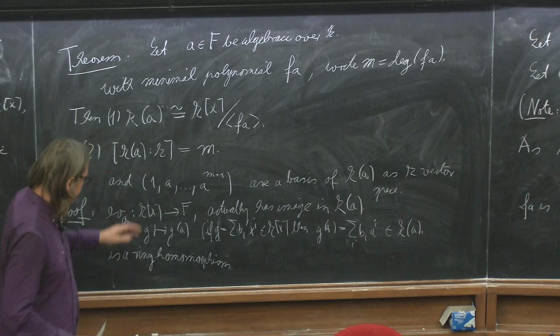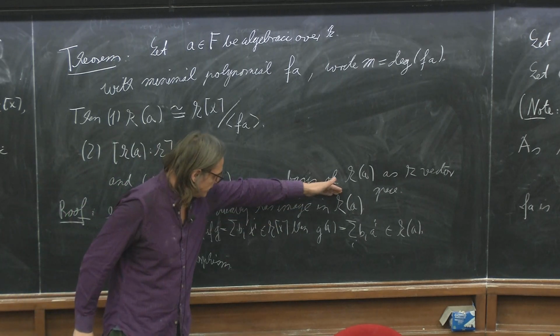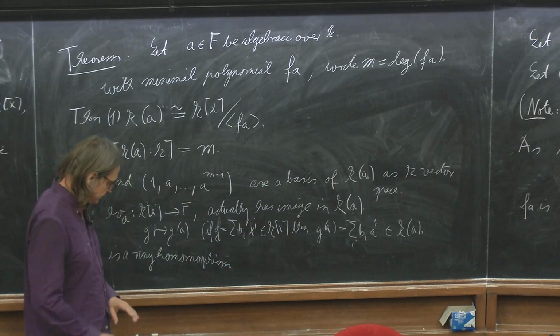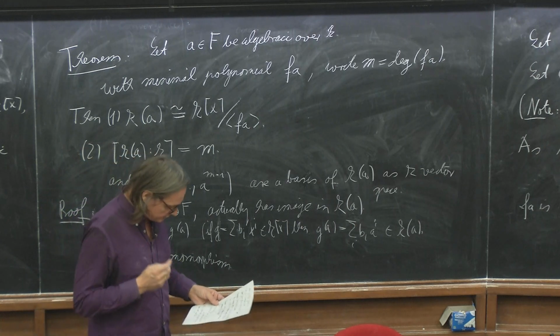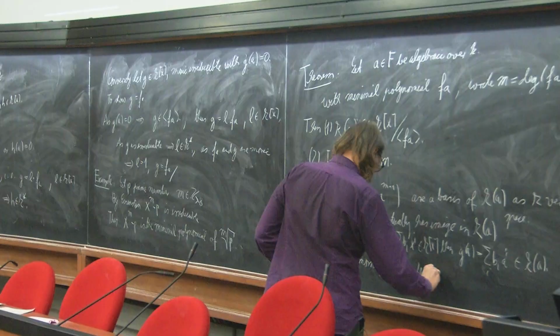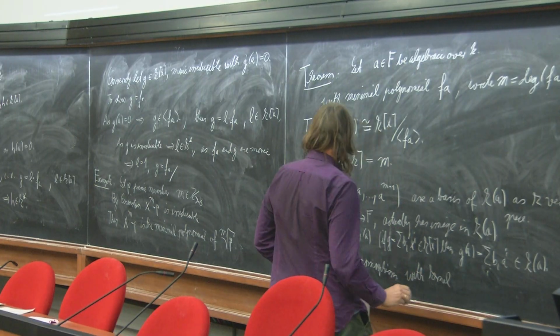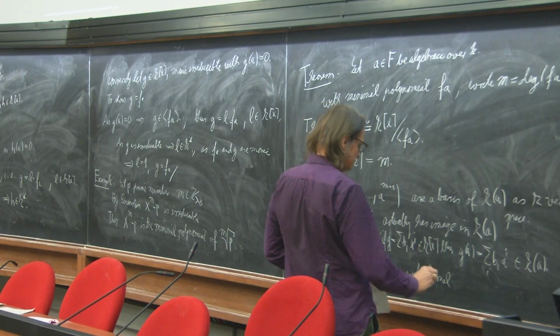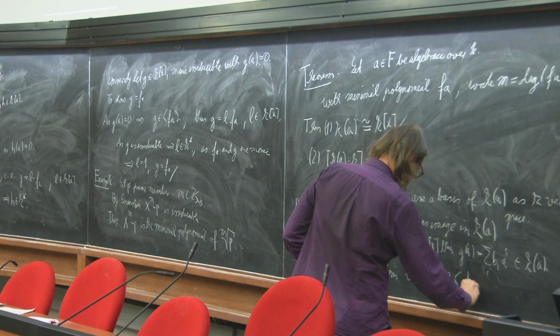So I have a homomorphism from Kx to Ka, which is a ring homomorphism, and I know its kernel: the ideal generated by fa.